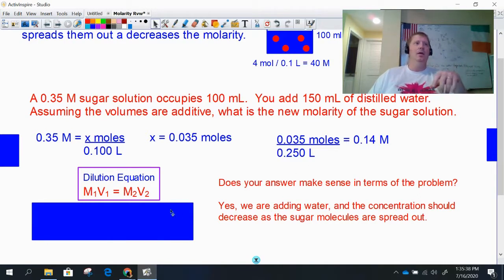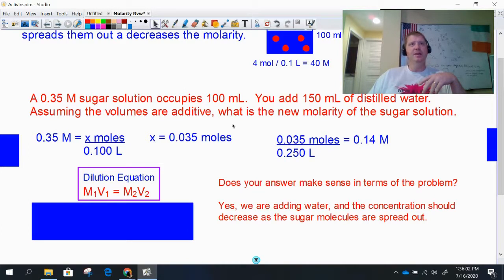Yay me. Over here, I have in this purple box the dilution equation. This is not an equation that's actually given on the equation sheet in AP Chemistry, but it's a very useful one. Really, all they're saying is, if I did the molarity times the volume, I'd have the moles.